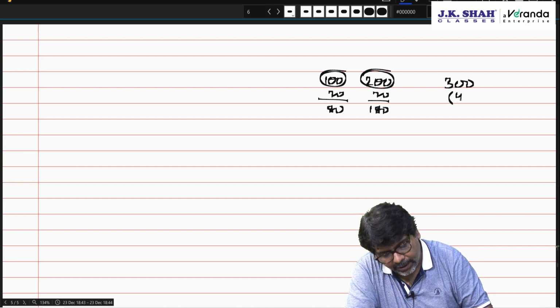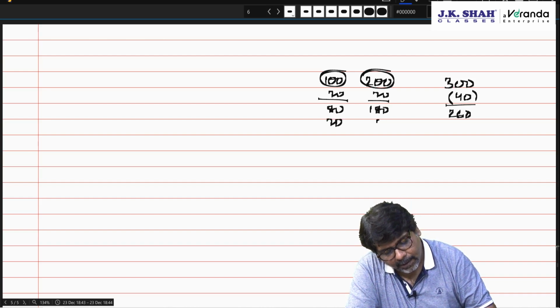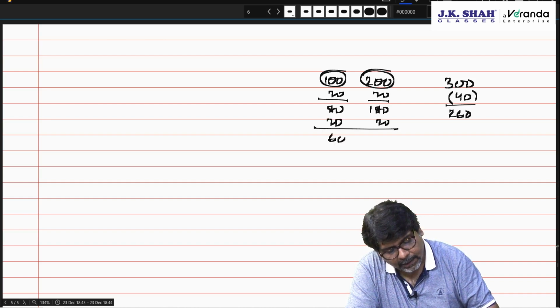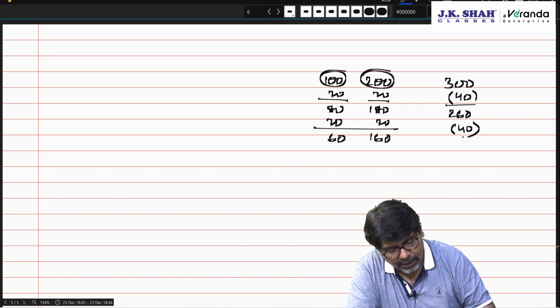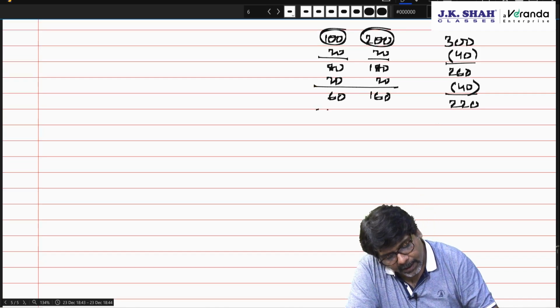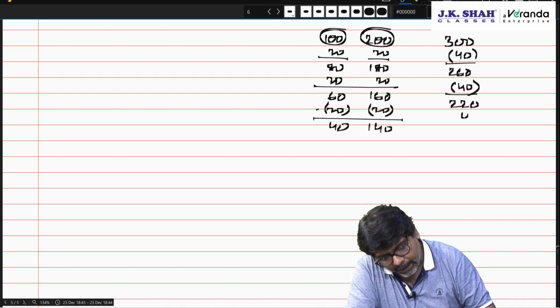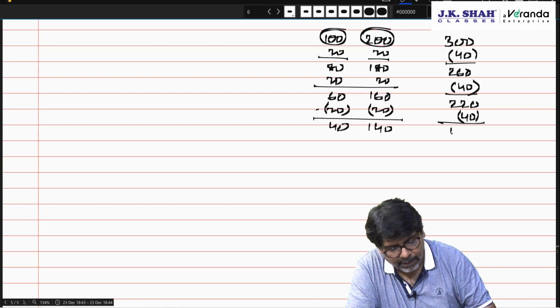So 40 depreciated, you are left with 260. Then 20, 20, 60, 160. Again 40 depreciated, you are left with 220. Correct? Again 20, 20 depreciated. So 40, 140. 40 depreciated, we are left with 180.